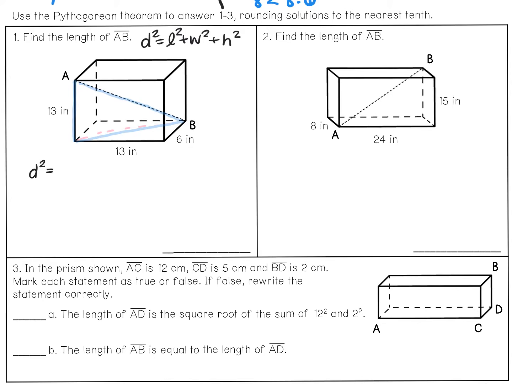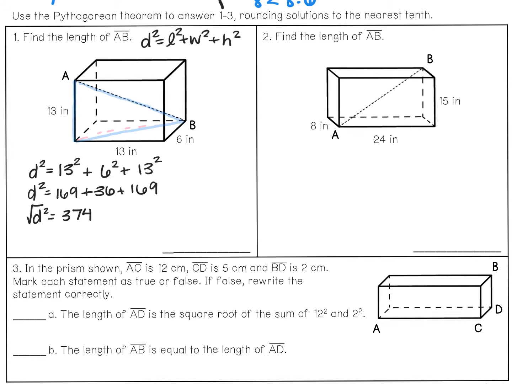So d squared, I know that my length is 13, my width is 6, and my height is also 13. When I add those up, I'm left with d squared equals 374.